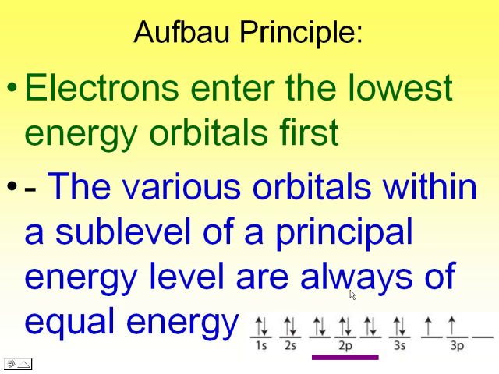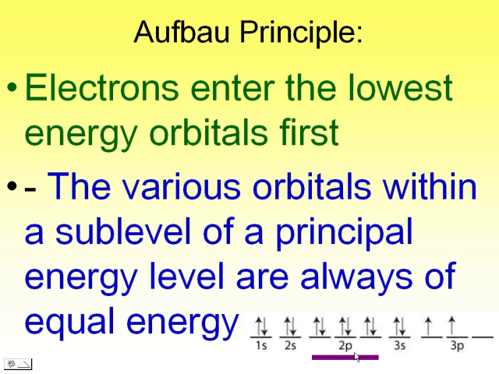These are the orbitals for an element, and here would be the order in which they fill: 1s, 2s, 2p, 3s, 3p.